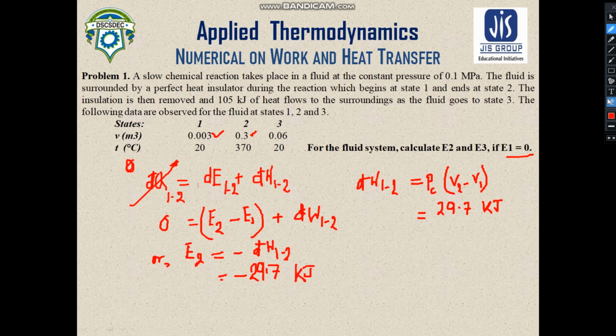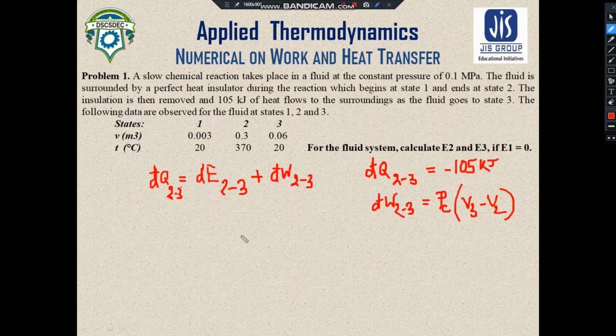Now let us see how we can calculate the value of E3. When I am trying to calculate the value of E3, I am applying the first law of thermodynamics for the process 2 to 3. So dq for the process 2 to 3 is equal to dE for the process 2 to 3 plus dW.